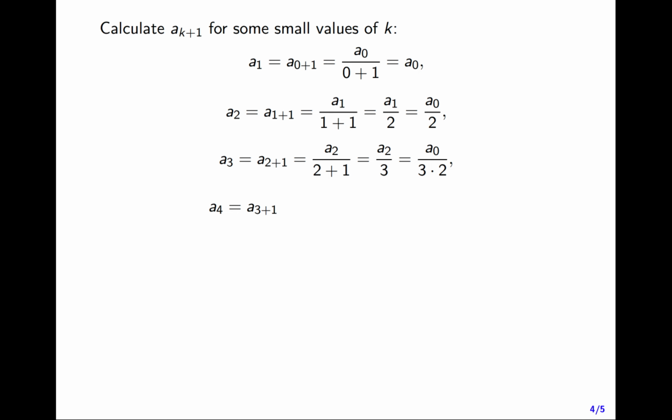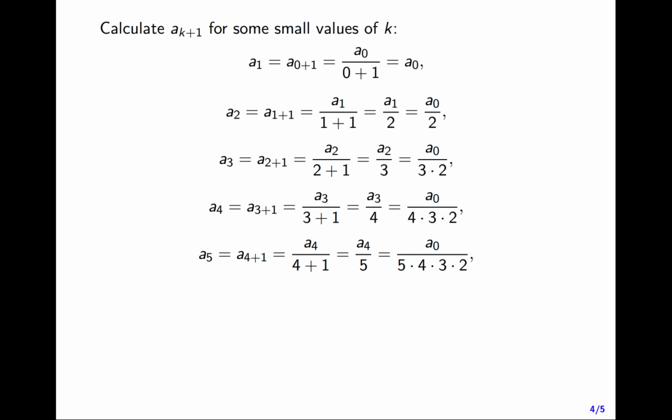a4 is a_{3+1}, which will be a3 over 3 plus 1, which will be a3 over 4, which will be a0 divided by 4 times 3 times 2. a5 is a_{4+1}, which is a4 over 4 plus 1, which is a4 over 5, which is a0 over 5 times 4 times 3 times 2. a6 is a_{5+1}, which is a5 over 5 plus 1, which is a5 over 6, which is a0 over 6 times 5 times 4 times 3 times 2.